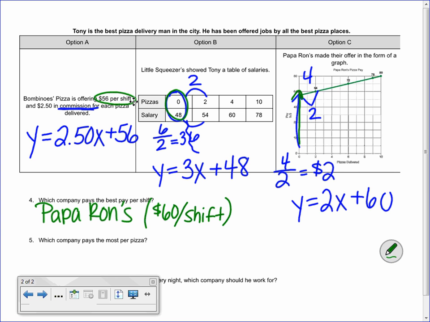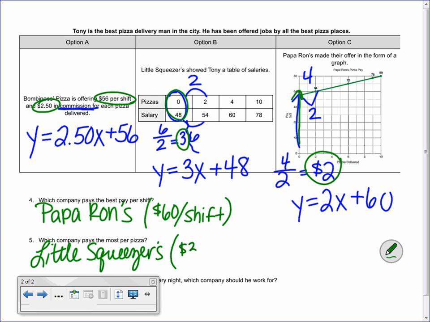Which company pays the most per pizza? Well, we kind of got our answers here. $2.50. That would be Little Squeezers, because they charge $3 a pizza.